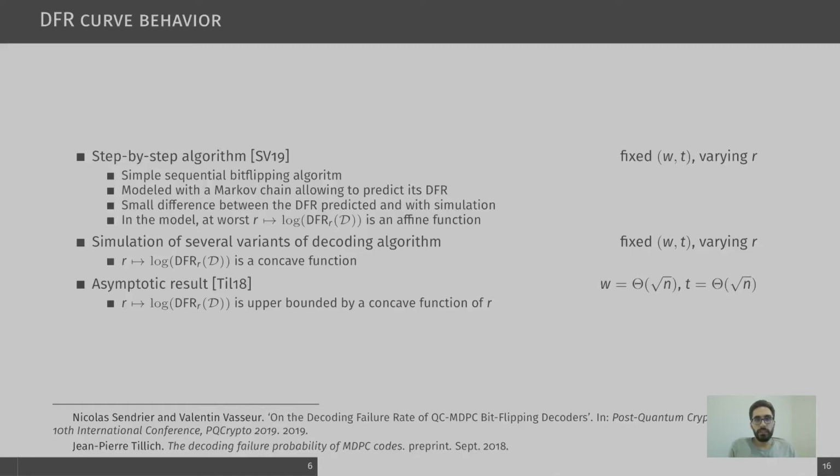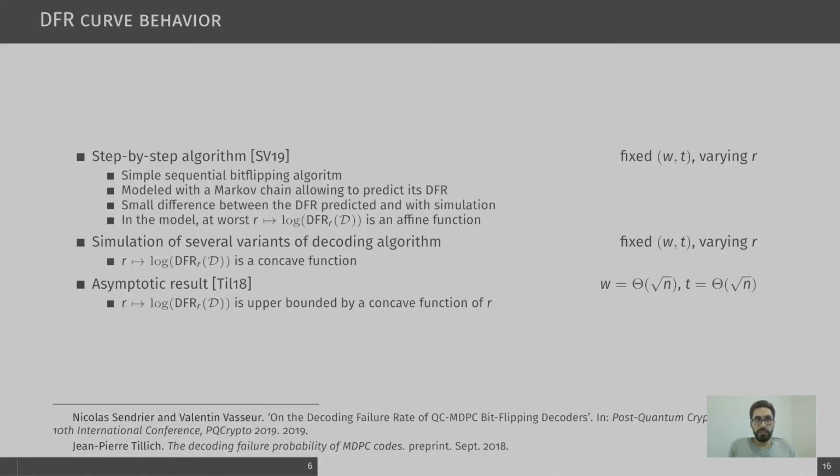And so we can use it to see the general behavior of the DFR for the QC-MDPC decoder. What we observe is that the logarithm of the DFR as a function of R is always a concave function. In fact, the worst case is for really high values of R, and in this case, it's an affine function. This concave behavior was already observed with all the algorithms that we tried for decoding QC-MDPC codes.